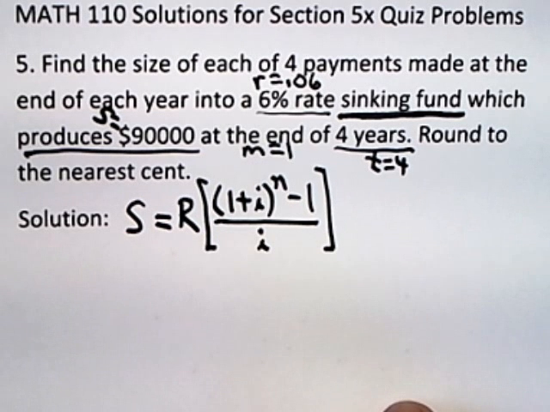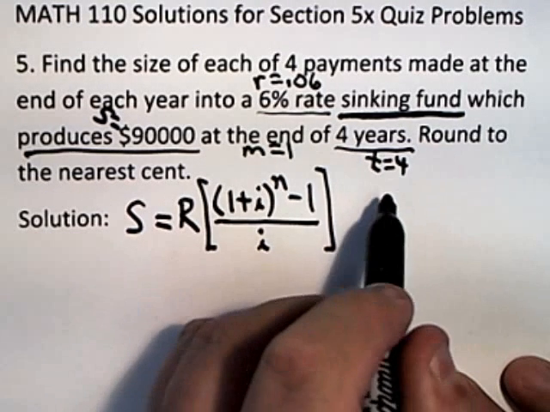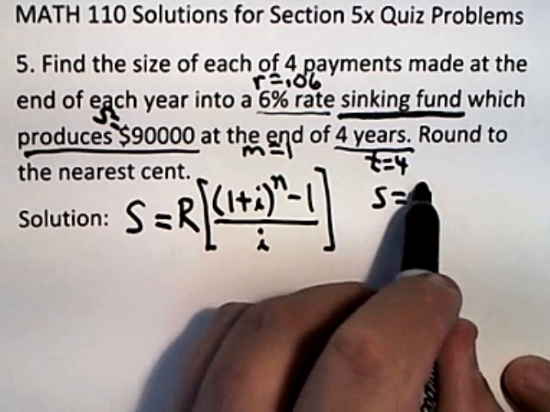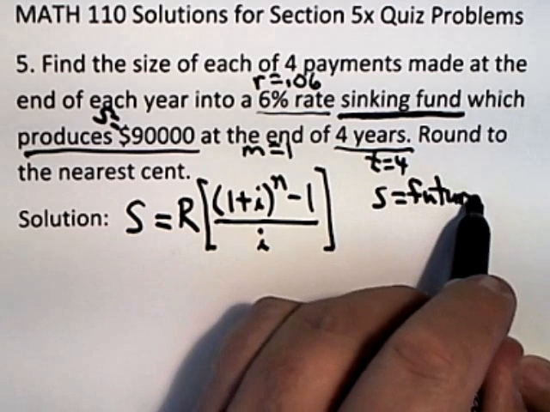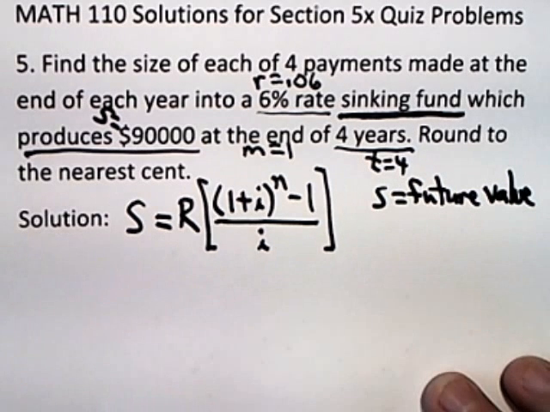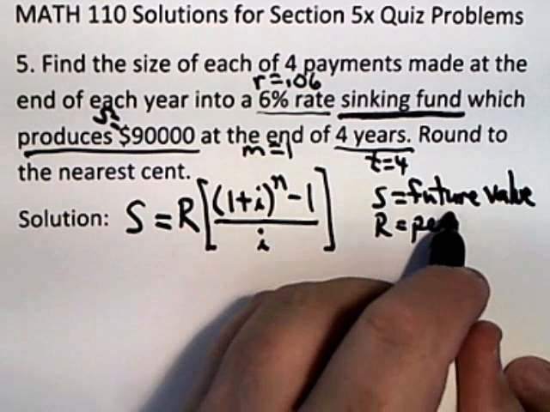And we should be able to do it now. I'll write this down for completeness, but I hope by now you've got this. S is the future value of this annuity. Capital R is the periodic payment.